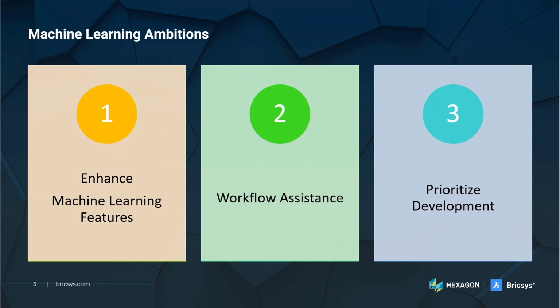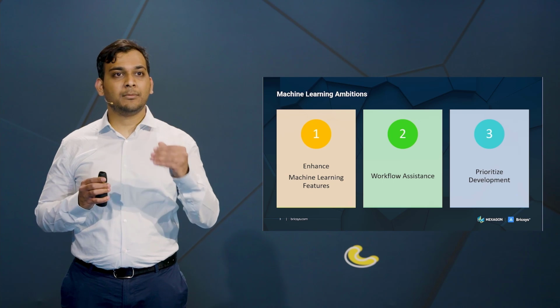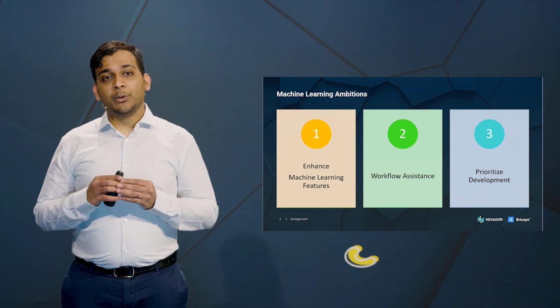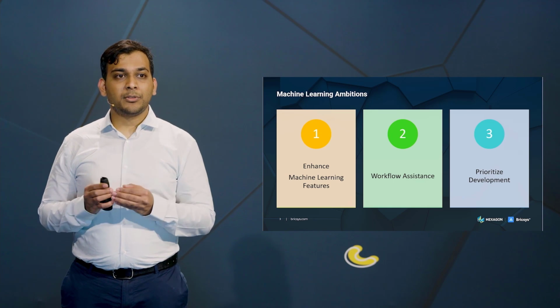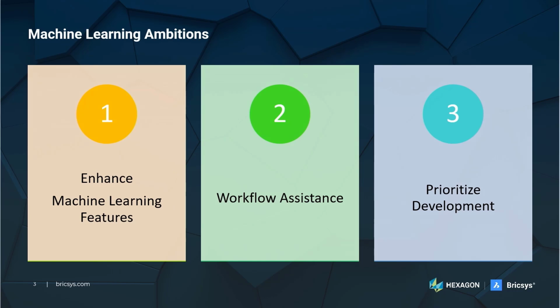So when we started developing BricsCAD V22, we had grand ambitions for machine learning in general. We wanted to enhance existing machine learning features. Then we wanted to help you in your design process using machine learning, and also prioritize our development process using machine learning. We quickly realized that it is not possible to achieve our ambitions without your assistance.